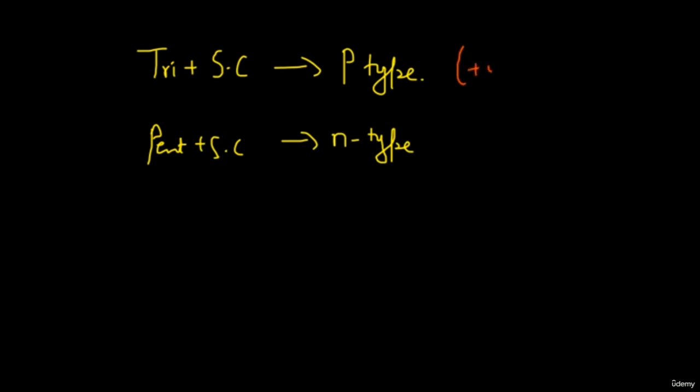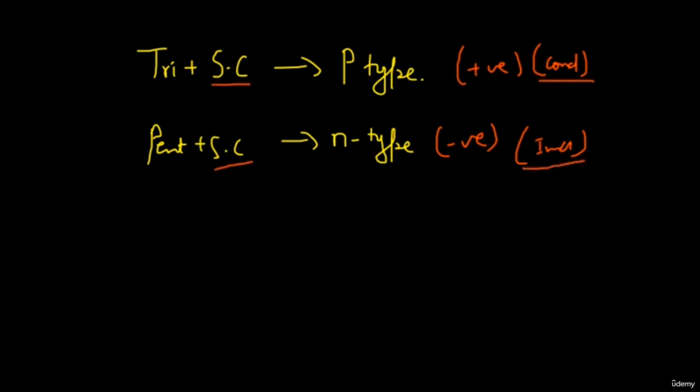Here is the real deal. So it acts as insulator and it acts as conductor. The same silicon can act in two different ways if we dope it differently, first with pentavalent or with trivalent.